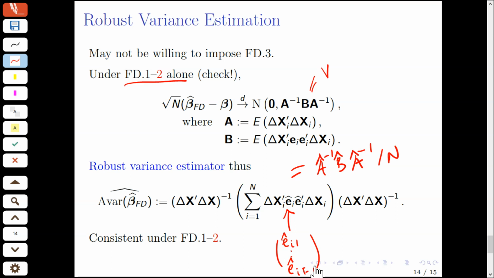One may show that this variance estimator is consistent under first difference assumptions 1 and 2, that is strict exogeneity and a rank condition, and it is robust in the sense of not relying on any sort of homoscedasticity or serial uncorrelatedness.